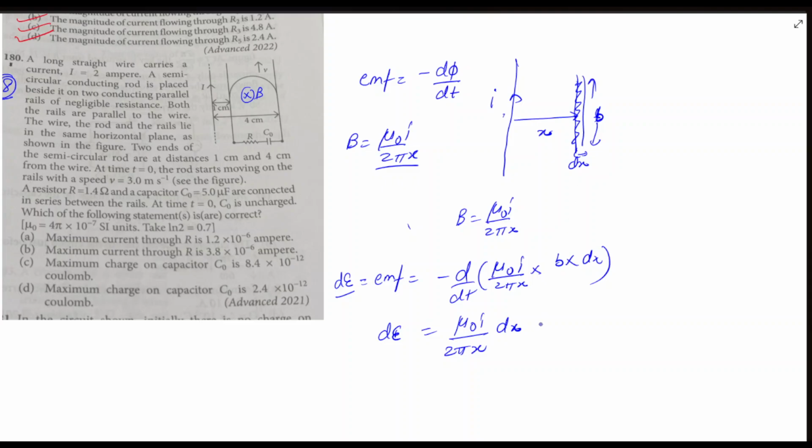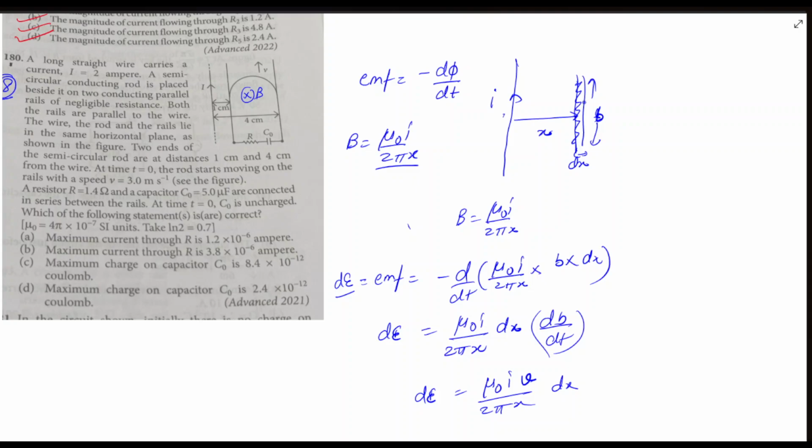And it will be dB by dt, which is changing with V, so we'll just put it as V. So it will be mu naught I V upon 2 pi x dx. So this is the small EMF which is developed across this integrating element.